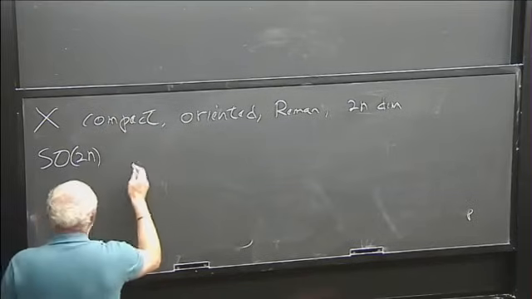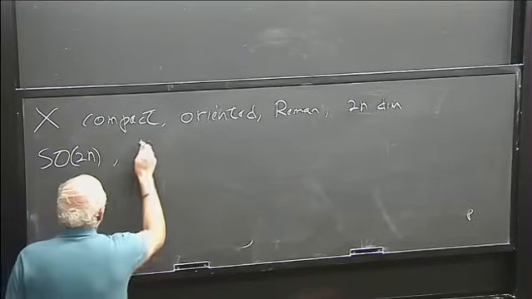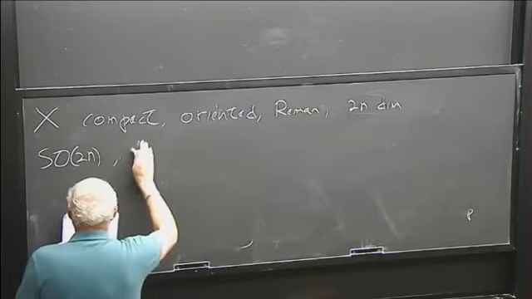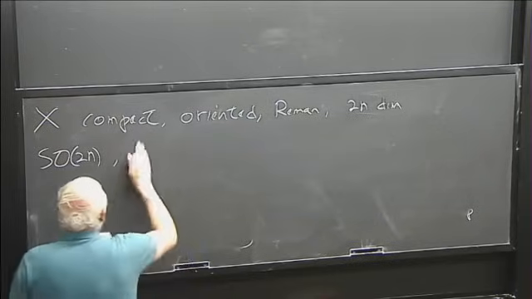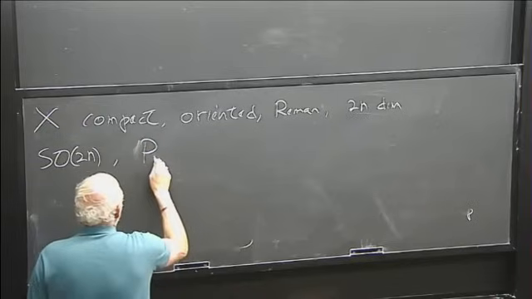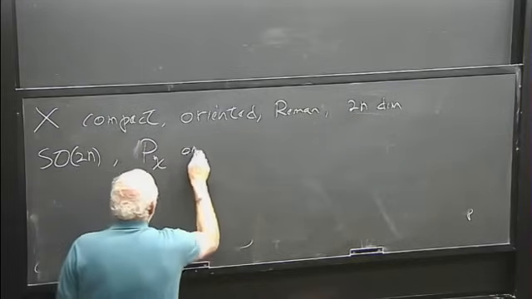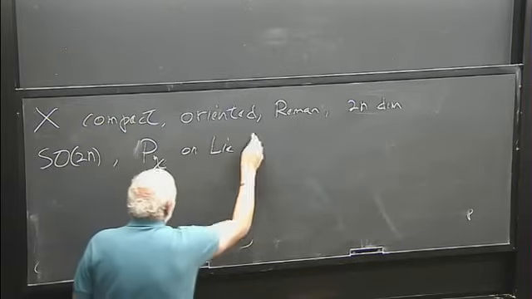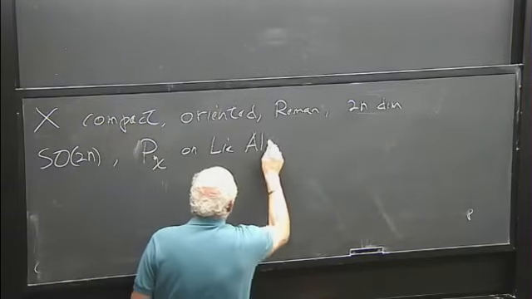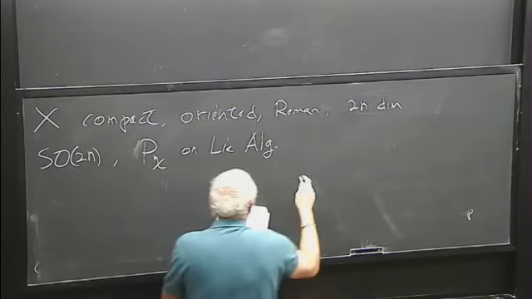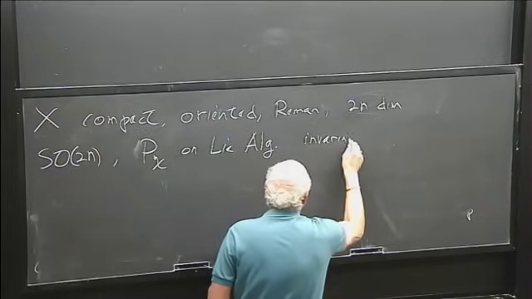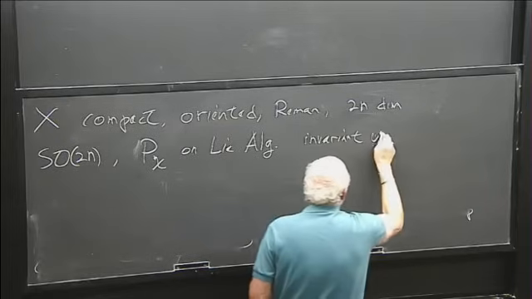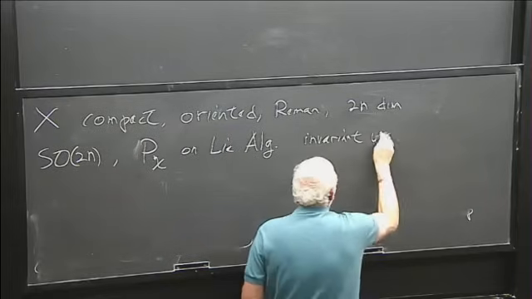And we're going to look at a polynomial P, which I'm going to call P sub chi, on the Lie algebra, which is skew symmetric matrices, which is invariant under inner automorphism.